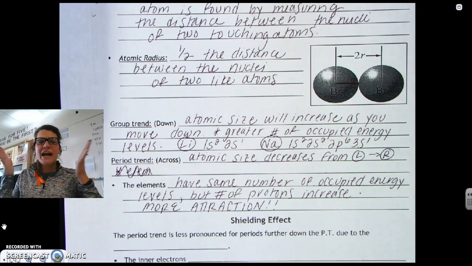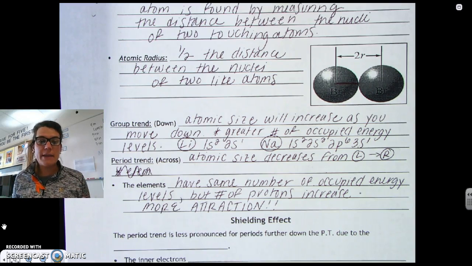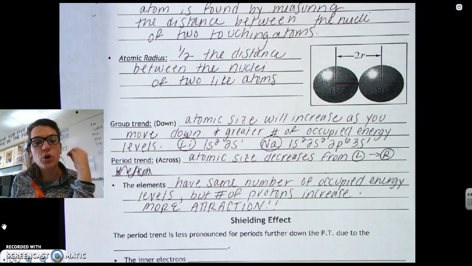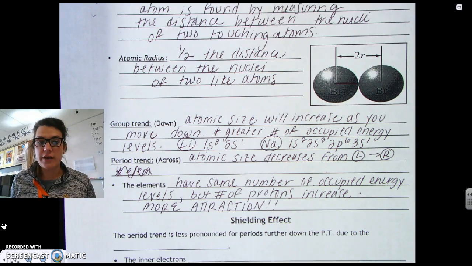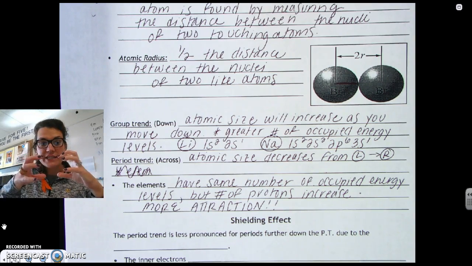So I have to talk about something different, if their electrons are all in the same energy level. I have to talk about how many protons are inside of the nucleus of the atom. The more protons that are inside of the nucleus means I will have more attraction to that center.